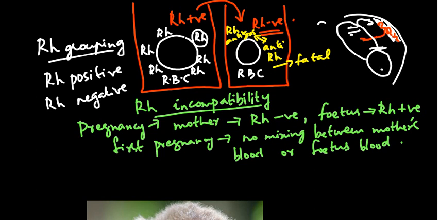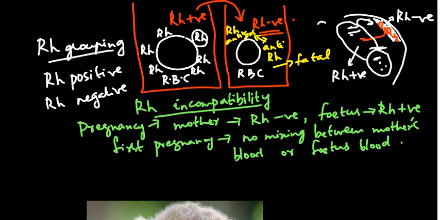So if this is the first pregnancy, even if the mother's blood is RH negative and the baby's blood is RH positive, since there is no mixing up of blood between both, there won't be any problem.